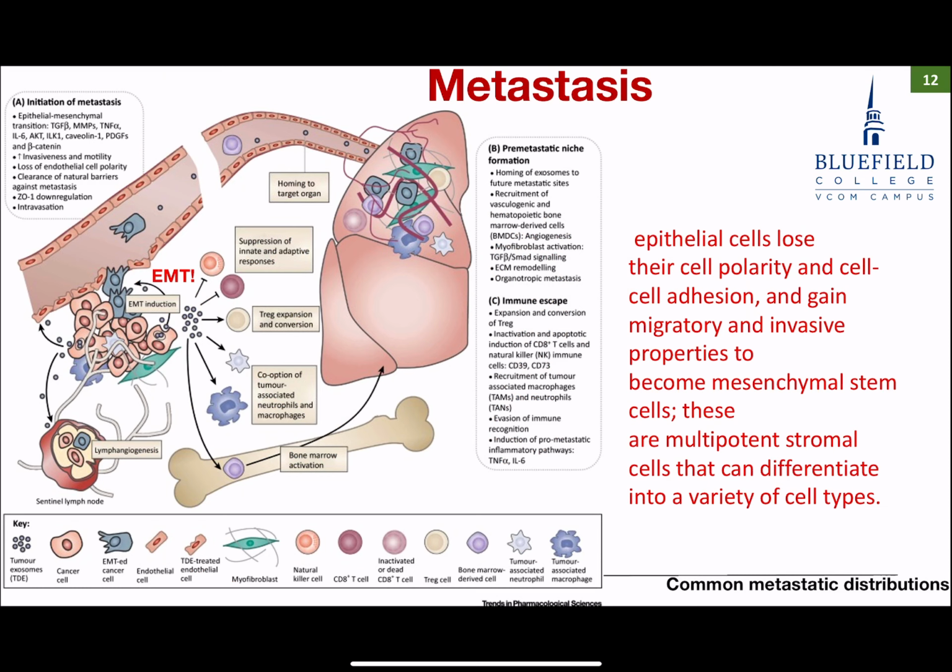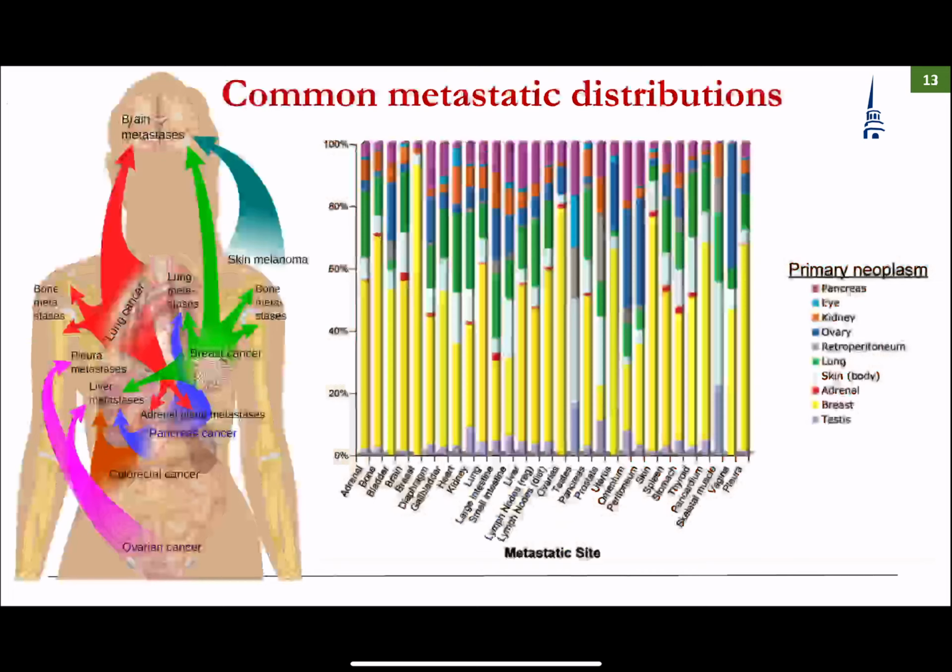This slide shows you common metastatic distribution. It turns out that some cancers are more invasive than others in terms of metastasis. For example, breast cancer is super invasive, but most commonly the secondary lesions appear in liver, in brain, or bones, or they also metastasize to lung.